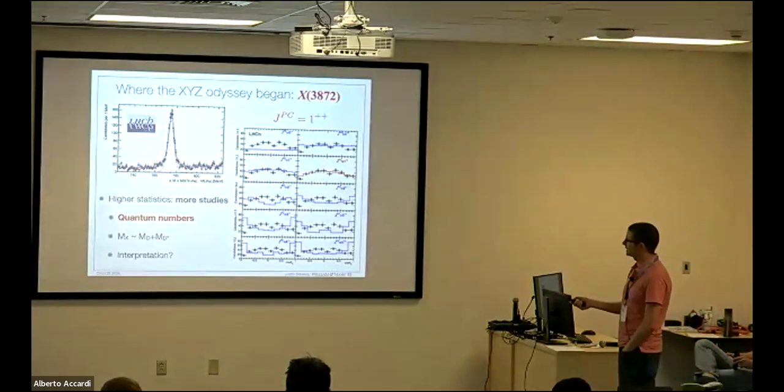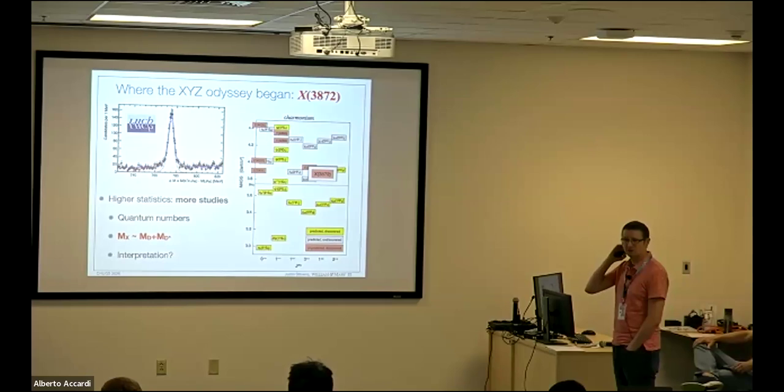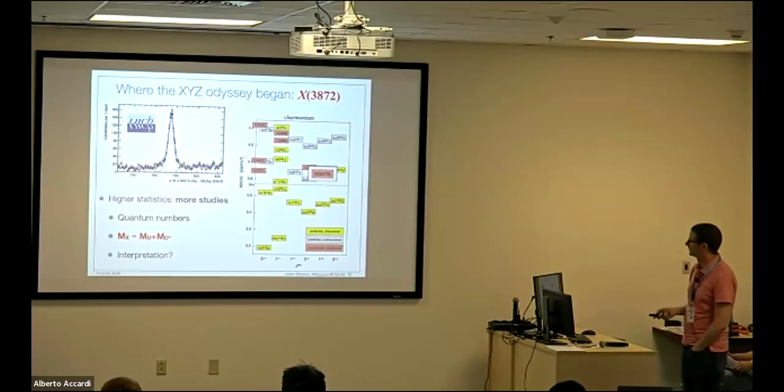And so they can measure this mass more effectively. And there they can place it on this table of mass versus quantum number. So we've got it in the 1++ column, and we know its mass pretty well. And it doesn't line up with any of the predicted masses from the conventional charmonium picture.